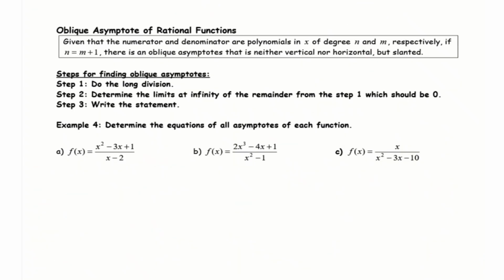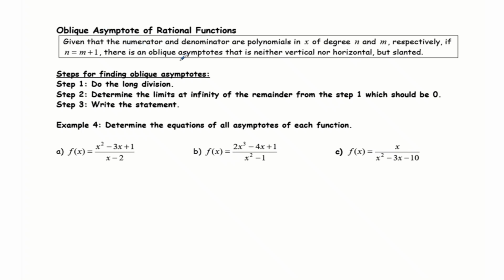Then we are going to see the next one. We have done the vertical asymptotes, which is when the denominator equals 0. Then horizontal asymptotes: if the degree above is lower than the denominator, it is 0. If equal, just the number at front. And the last one is oblique.